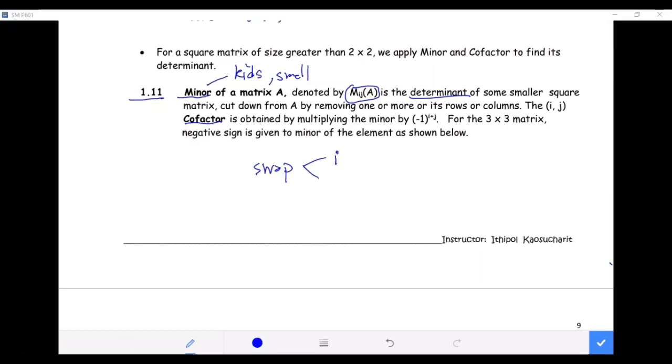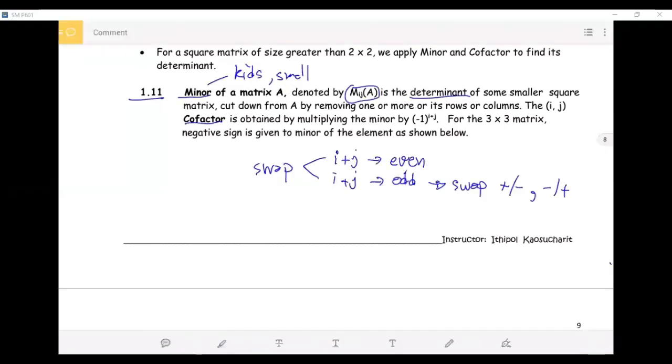If the row plus the column is even, you don't have to do anything. But if row plus column is odd, you have to swap it. You swap the positive to negative, and if you have the negative, swap it back to positive. Get it?